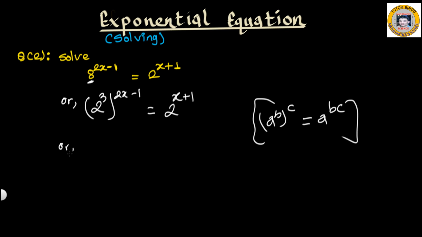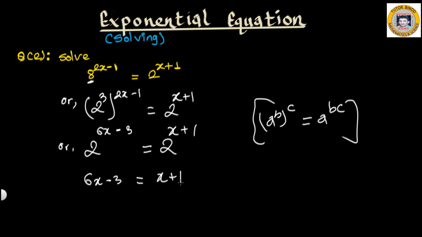That's why on the left hand side you would have 2 to the power 3 times 2x, which is 6x, minus 3 times 1, which is 3, equals 2 to the power x plus 1. Since we have the same base on both sides, we can equate the power. So 6x minus 3 must be equal to x plus 1.